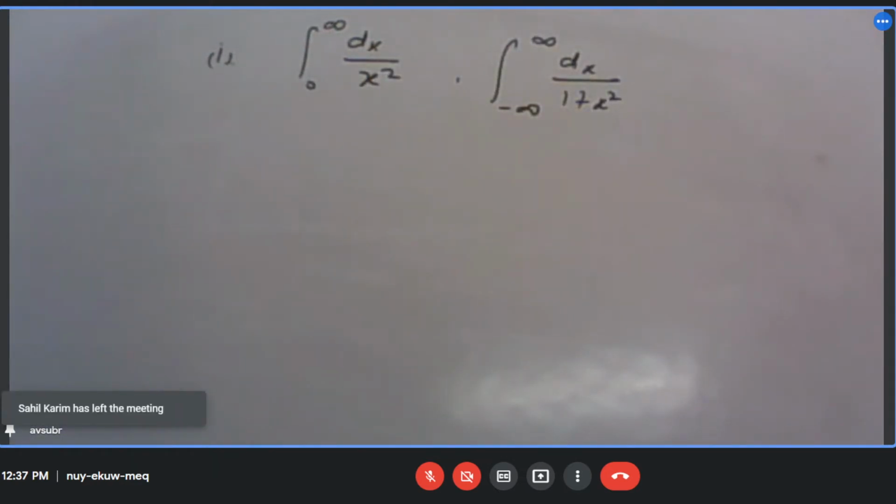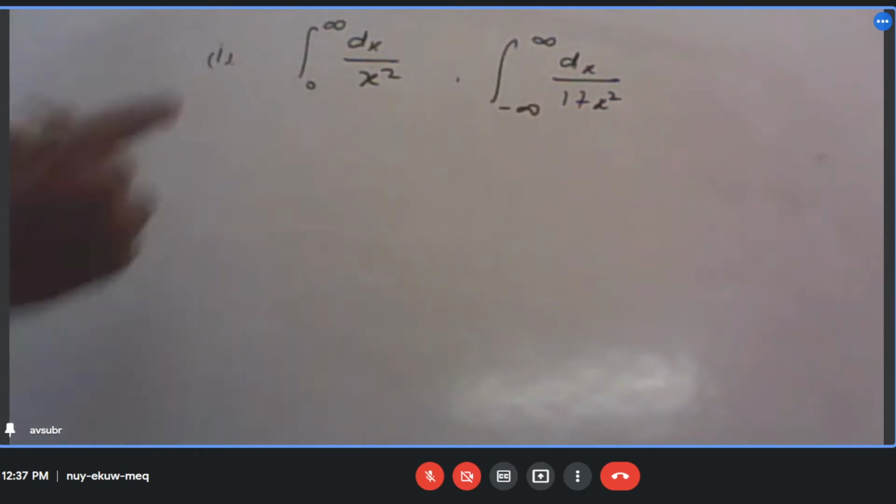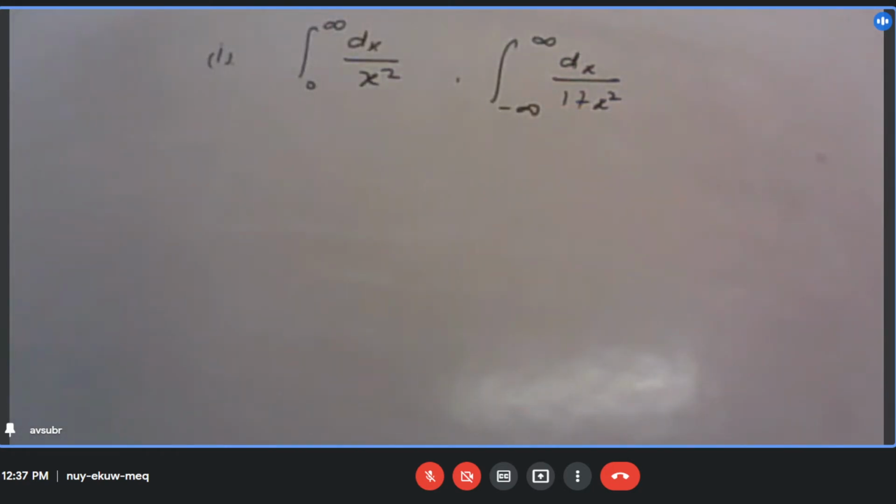Here you can see that A or B or both A and B are not finite, right? So these are examples of improper integral.